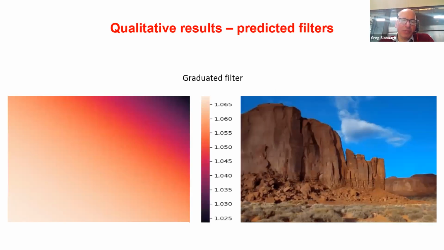But here are some visual results. On the left, you see a graduated filter that's estimated at inference time on one of the Adobe 5K images, and what you're looking at is the red channel. Enhancement is being applied, and DeepLPF wants to make the lower left corner of the image redder than the upper right.